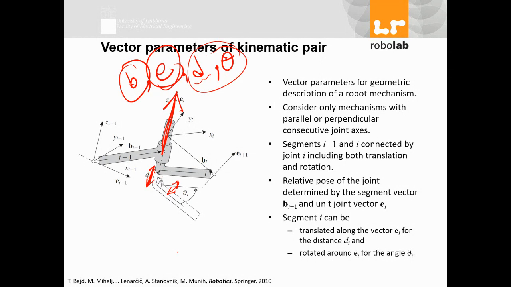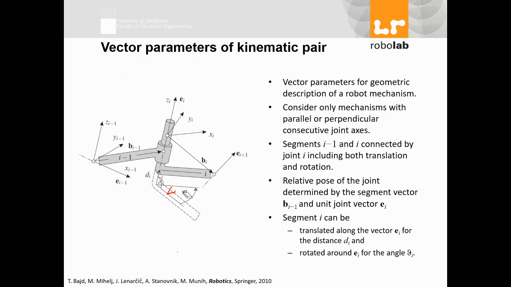These two are conceptual. B and E are conceptual representations of length and a guidance vector, if you like to name it, to describe the orientation of the joint versus other parts.